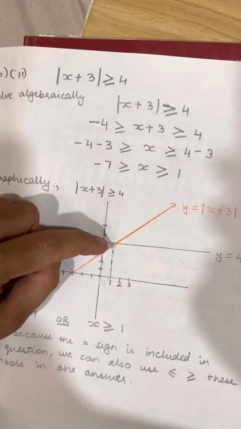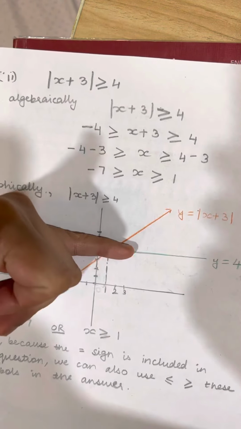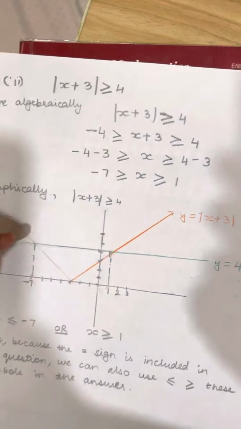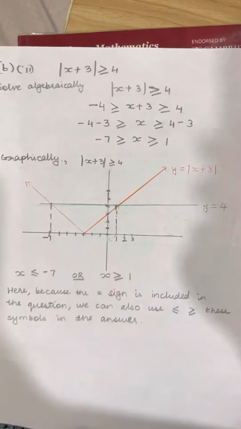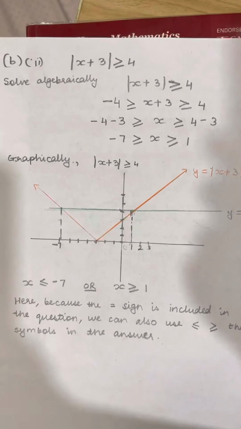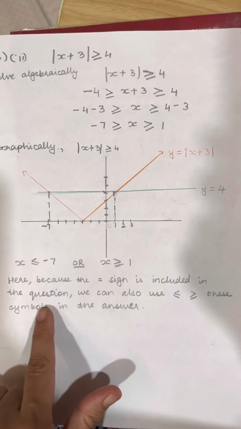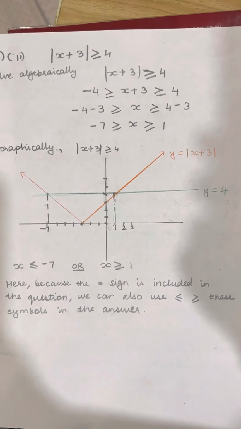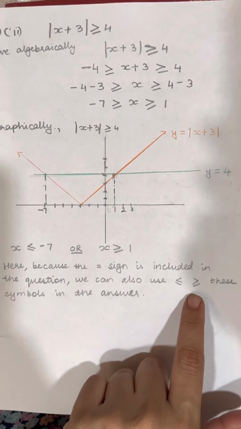This is 4. I want y values to be higher than this. So that's this portion of the graph and this portion of the graph. So this is using the graphs. Now here, because the equal to sign is included in the question, we can also use these signs in the answer.